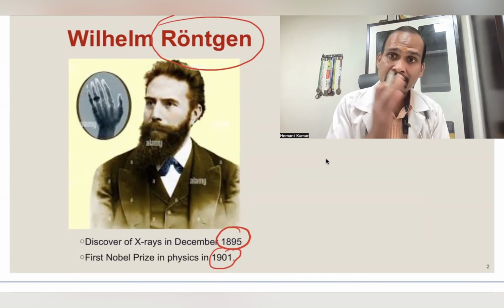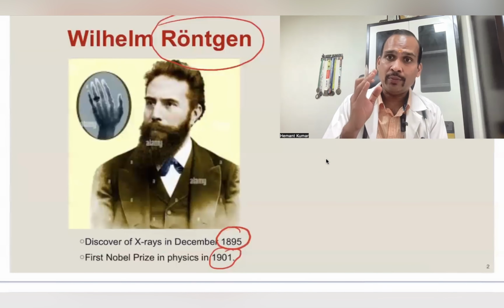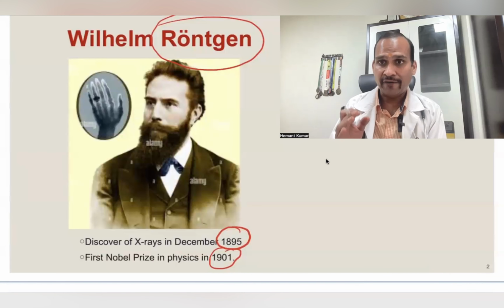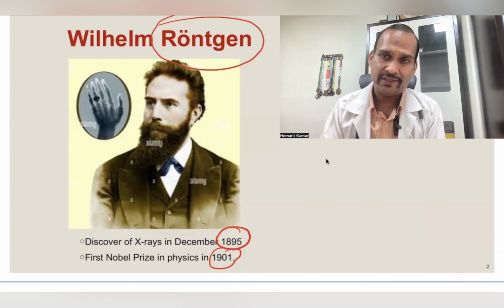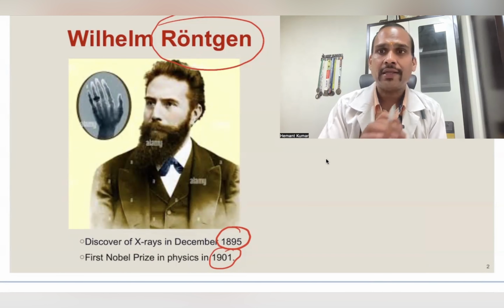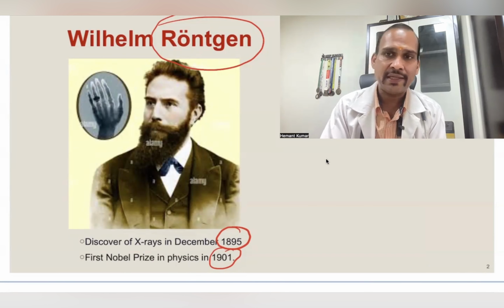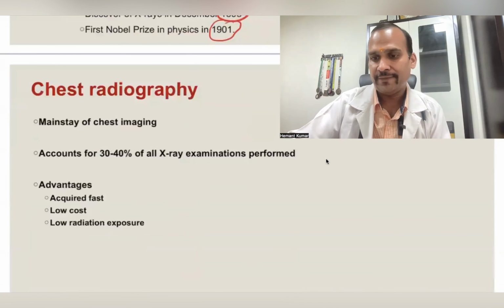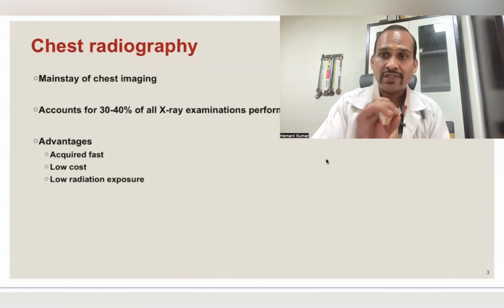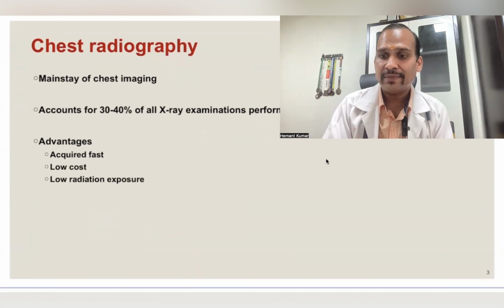Since then, almost 130 years later, X-ray is still so commonly used that it is not replaced by anything. Though there are advanced investigations like CT scan and MRI, X-ray is still used widely. If you talk about chest X-ray, it is the mainstay of chest imaging.